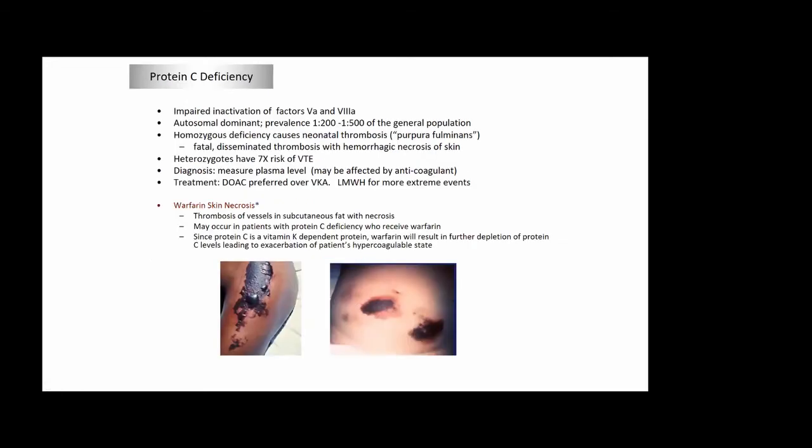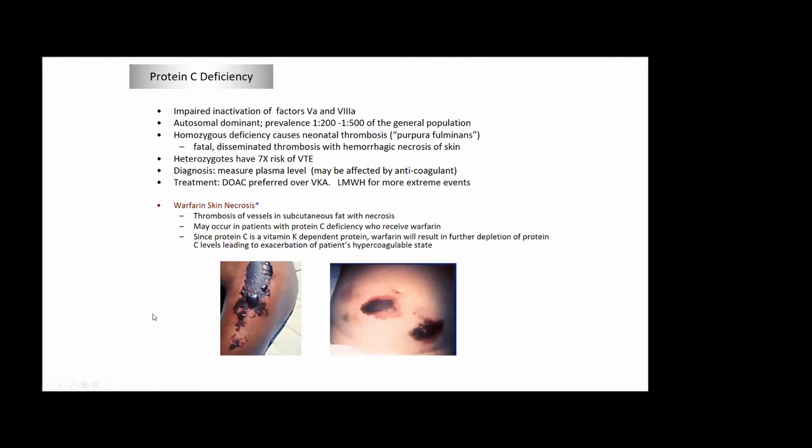So protein C deficiency, the pictures down here are pictures of warfarin skin necrosis, warfarin-induced skin necrosis. And this is an illustration of what I just described, namely that if a person is given a therapy that depletes vitamin K-dependent factors, the first one to reach a critically low level may be protein C. And when that happens, thrombosis may ensue.